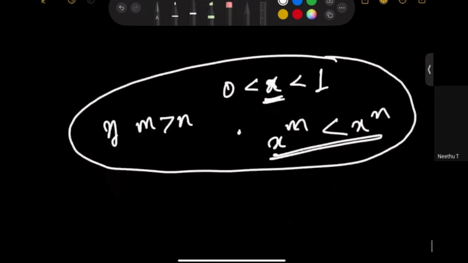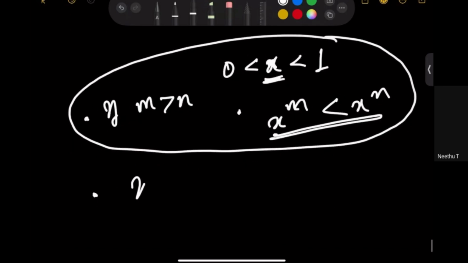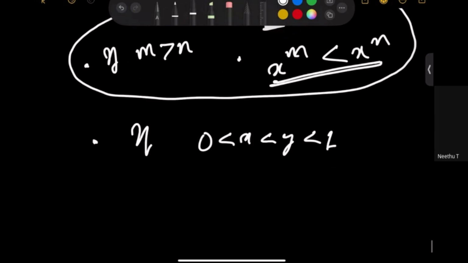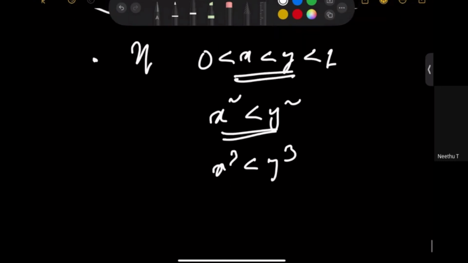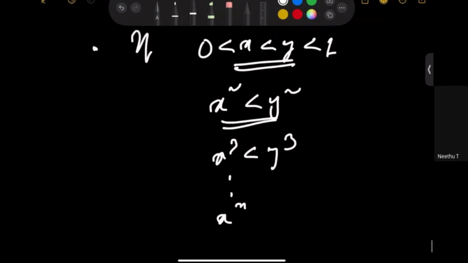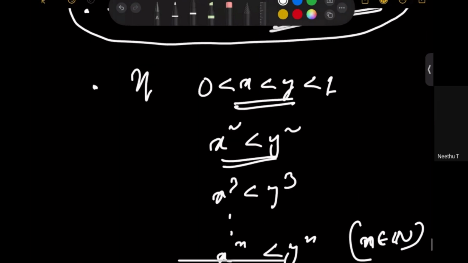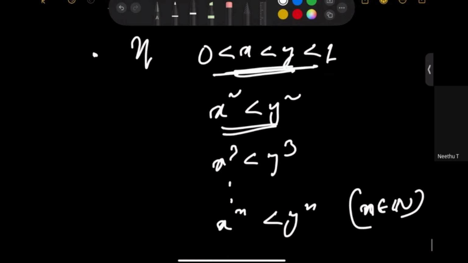But if you have two variables, even though they lie between 0 and 1, if you raise both to the same power, the inequality doesn't get reversed. If x is less than y, then x squared is less than y squared, and x cubed is less than y cubed. For any natural number n, this inequality is preserved, even though they lie between 0 and 1. Clear?